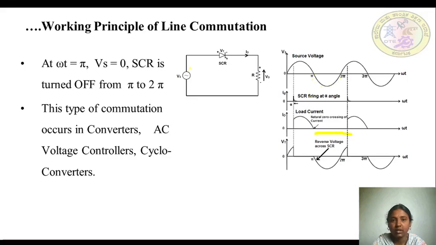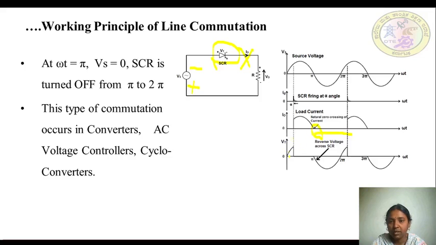So once the anode becomes negative and the cathode positive, your SCR will be reverse biased and SCR will go into the off state. So the current flowing through this SCR will be 0. This is what is shown in the waveform, where the current is naturally going to 0.